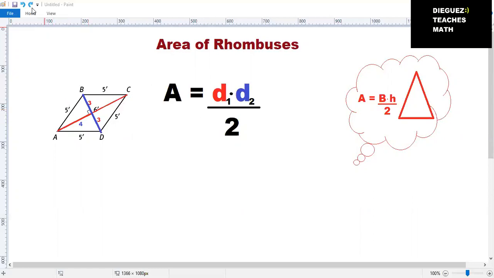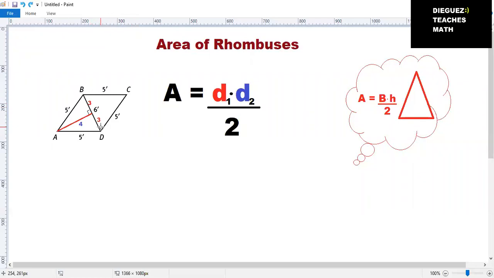I want to explain to you why the area of the rhombus is so similar to the formula for the area of a triangle. Notice how on both of these at the top, we're just multiplying two things and then dividing by 2. If we look at the rhombus like this, I erased part of the diagonal.